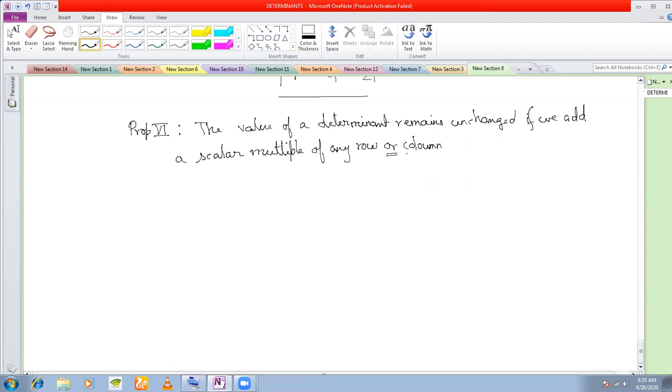Remember this "or" is very important. If we add a scalar multiple of any row or column to any parallel row or column.